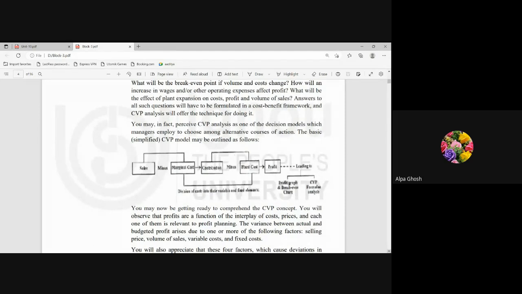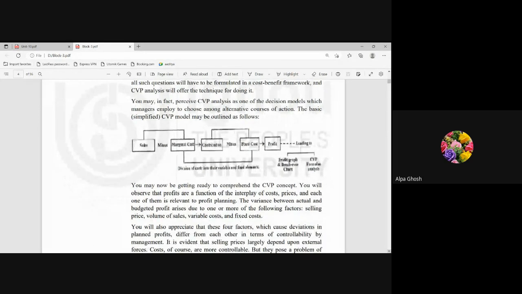So this is the diagram. It is a decision model which managers employ to choose the alternative courses of action. So you can see the model. It is sales.